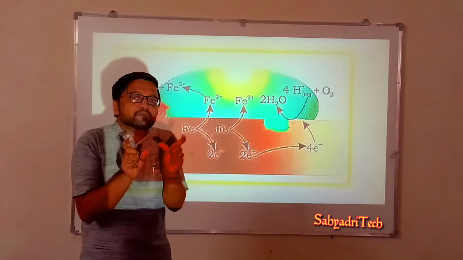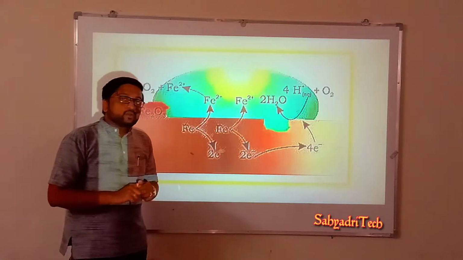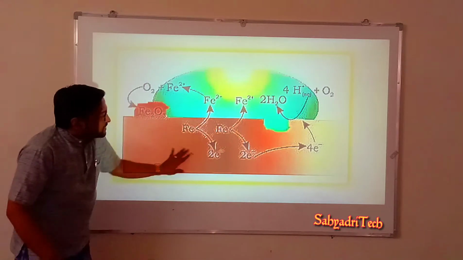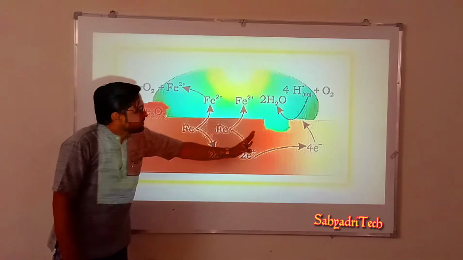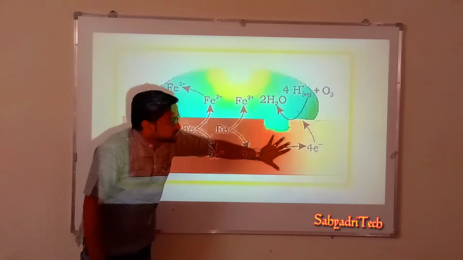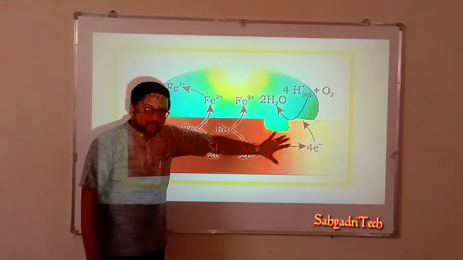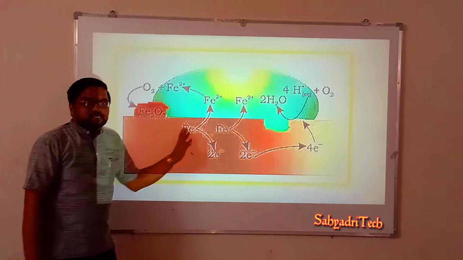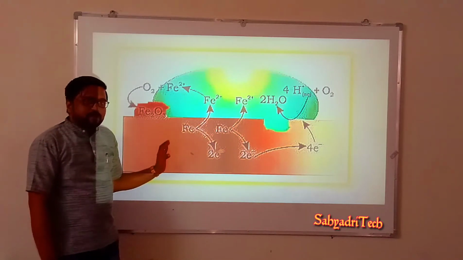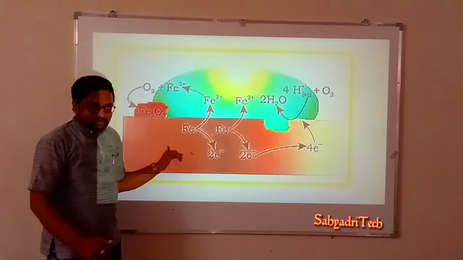It means it acts as a simple galvanic cell. So what happens? The portion which contains bends is the impure part. Other than that is considered as the pure part. The pure part of the iron acts as anode.